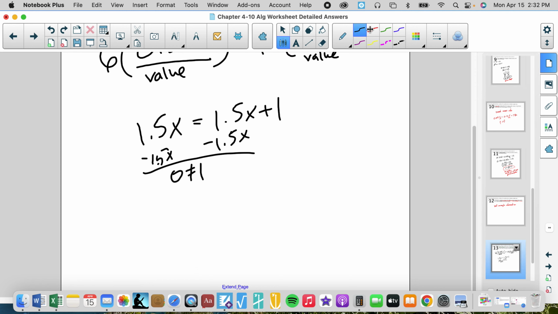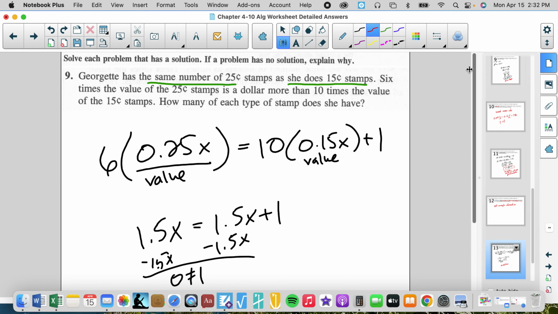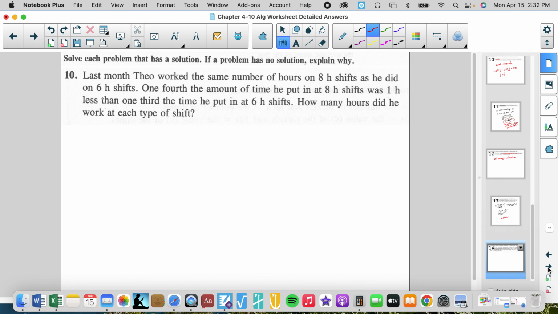So we know that this is no solution. If a problem has no solution, explain why. Because no number of 25-cent stamps times 6 will ever equal that same number of 15-cent stamps times 10 plus 1. So that doesn't work either.